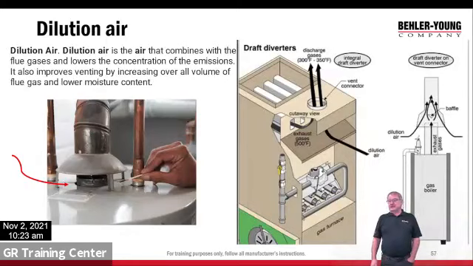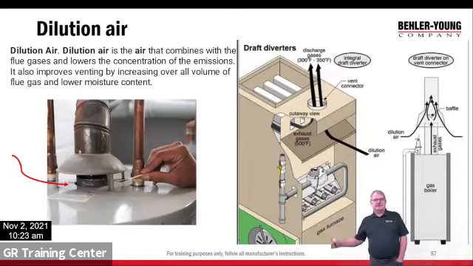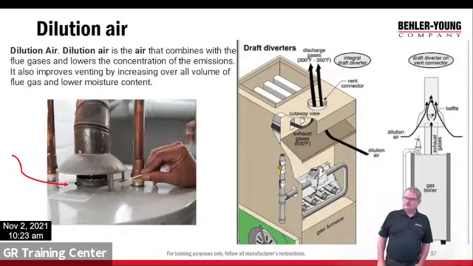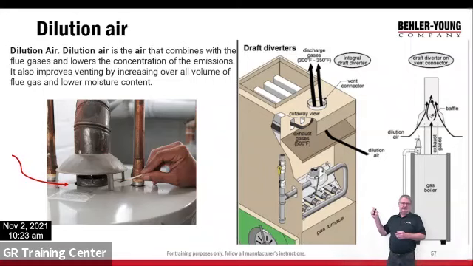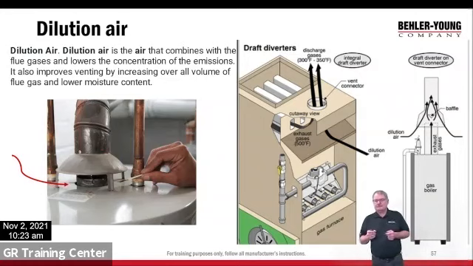Okay, dilution air. Over my head here and that water heater over there, these are what were called gravity vent. These furnaces and that water heater vented by gravity. We're going to talk about chimneys in a little bit, but if I look at that draft diverter, that little bell-shaped thing on top of that water heater, you can see the guy's holding the match there, and the smoke's actually drawing up that chimney.